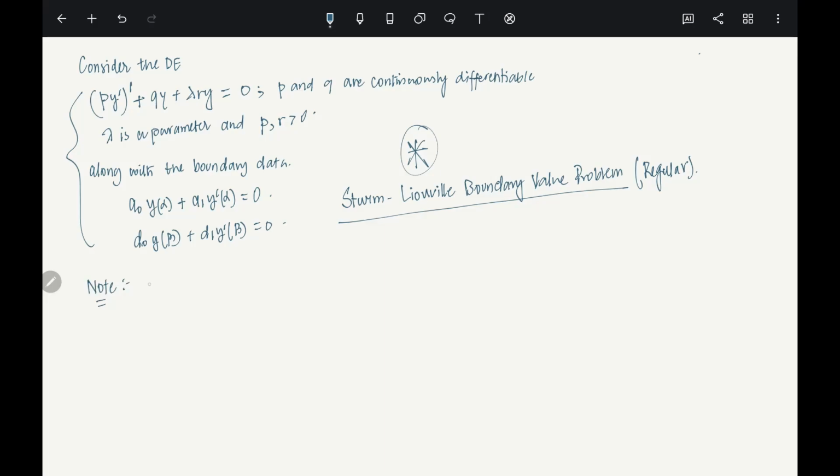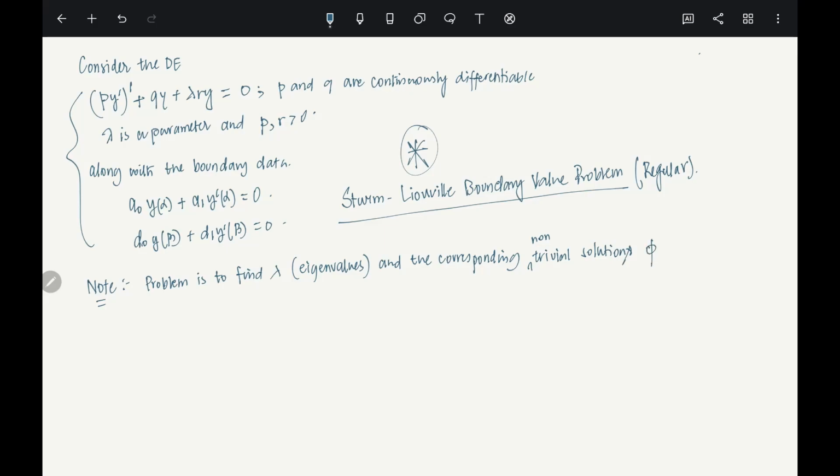The problem is to find lambda, those will be called eigenvalues, and the corresponding non-trivial solutions. This is the problem: corresponding non-trivial solutions you have to find.